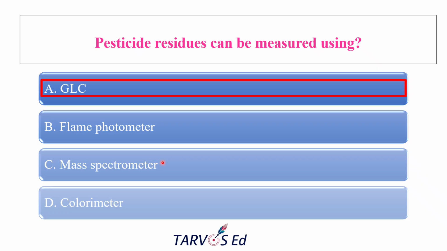So although it is an advanced technique, the direct answer is GLC only, because this instrument detects ions and is not able to identify or separate the compounds. Okay, and why not calorimeter? A calorimeter measures the concentration of a substance based on color intensity, which is used in biochemical estimation and nutrient analysis, not for pesticide residue analysis.